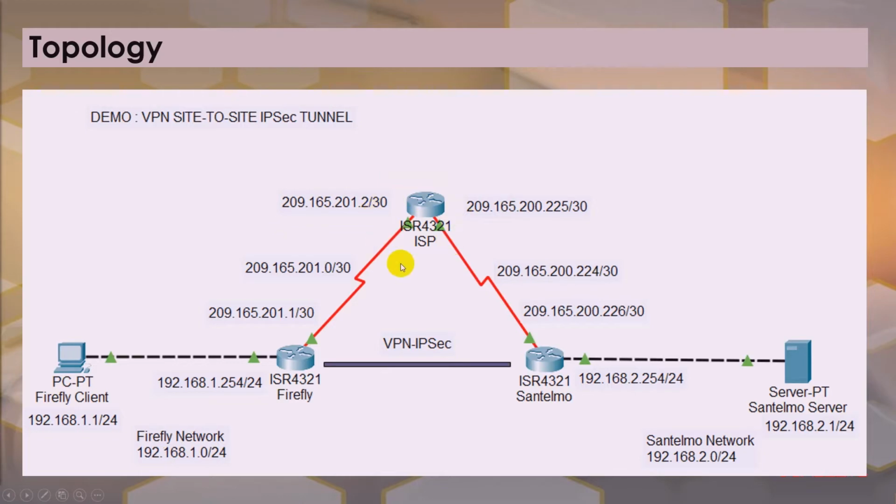A VPN connection can help reduce the costs associated with leased lines. The IPsec tunnel between the Firefly and Telma routers would be established to provide a secure connection between these two organizations. The ISP acts as a pass-through, as I mentioned earlier, and has no knowledge of the VPN between these two routers. IPsec provides secure transmission of sensitive information over the unprotected network, in this case, the internet.